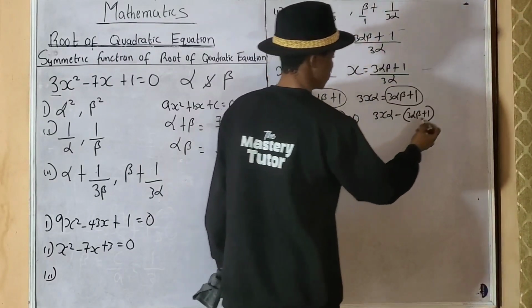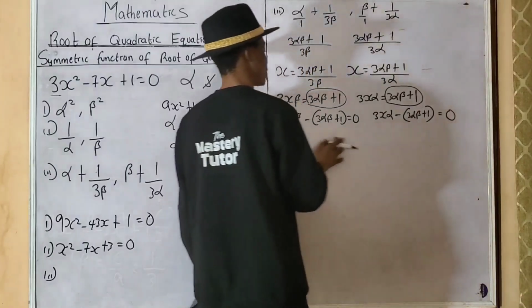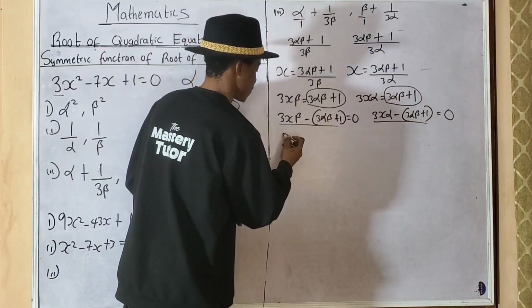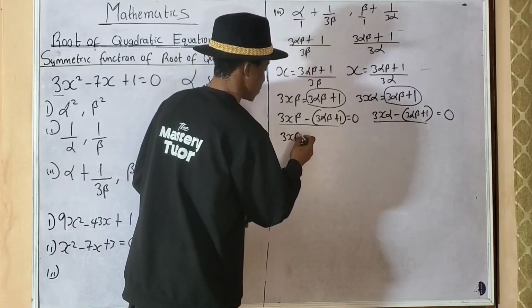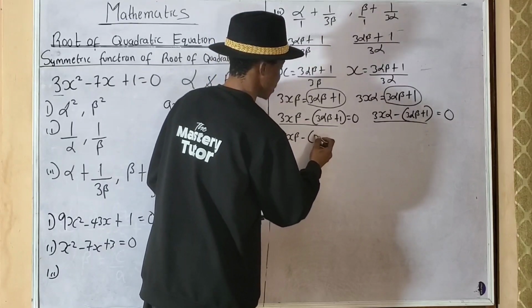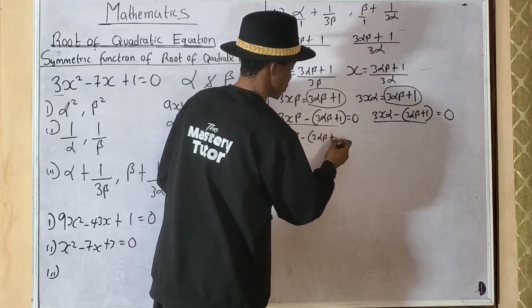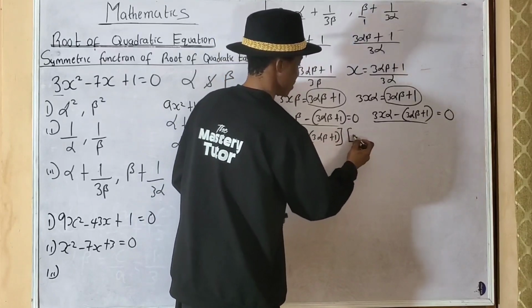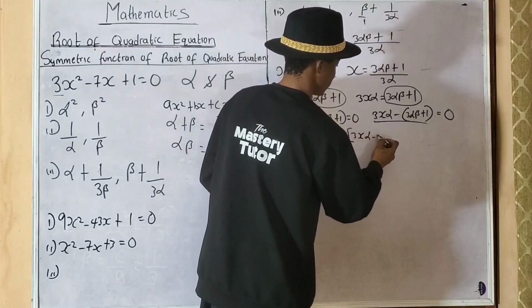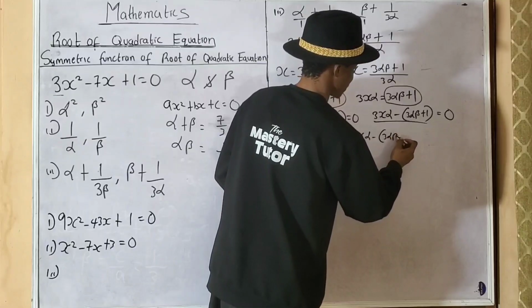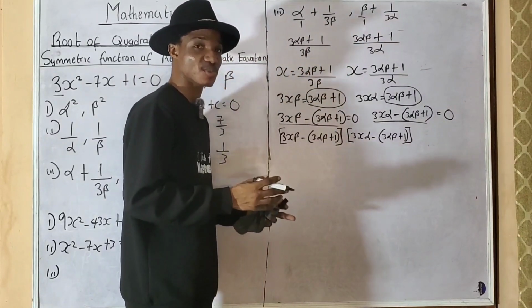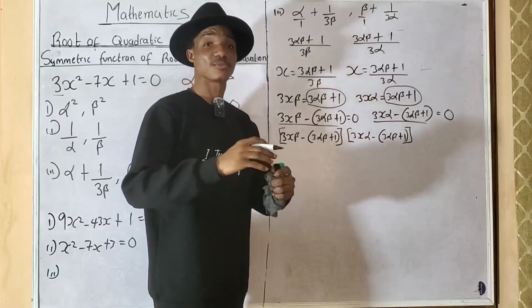Okay, this will be equal to 0. Okay, multiply this factor and this factor together. I'm going to have 3x beta minus 3 alpha beta plus 1 multiplied by 3x alpha minus 3 alpha beta plus 1. Okay, please pay attention. It's simple, okay? I will use the first method as well.